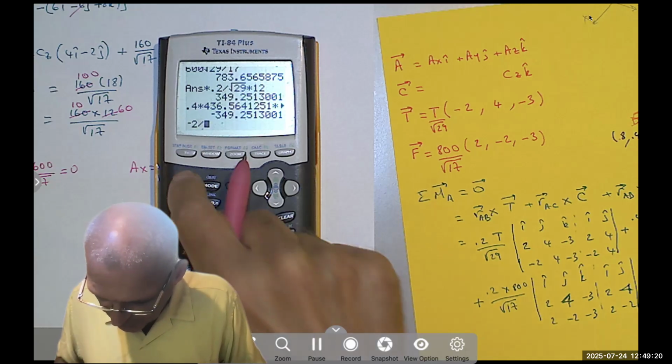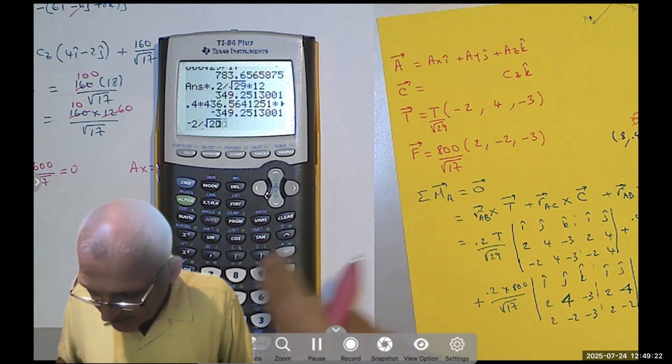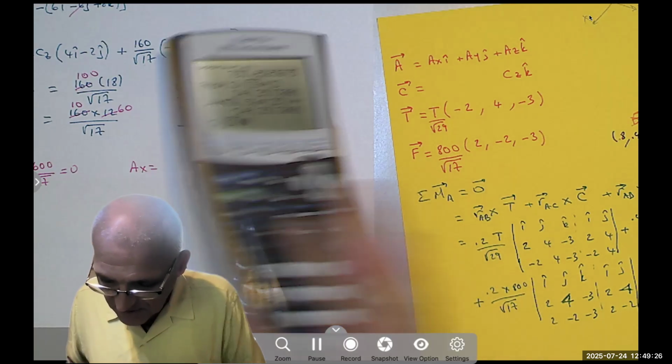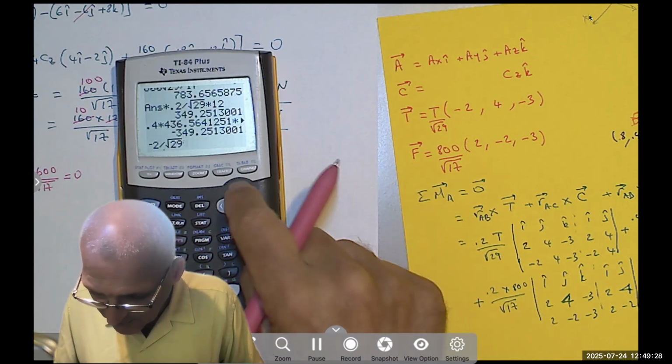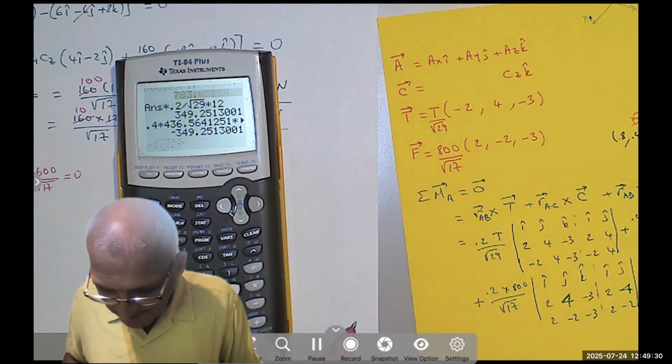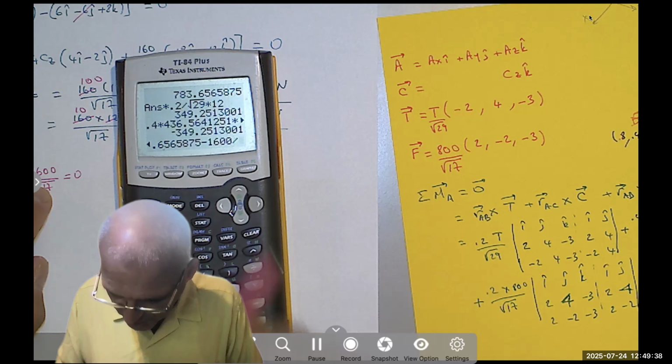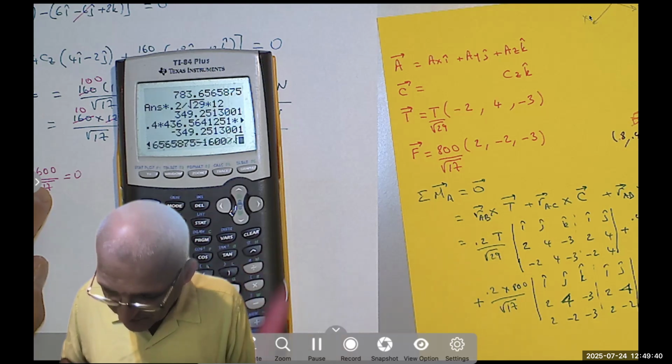-2 over the square root of 29 times T, and T was the 783 something, which is this guy, minus 1600 over square root of 17.